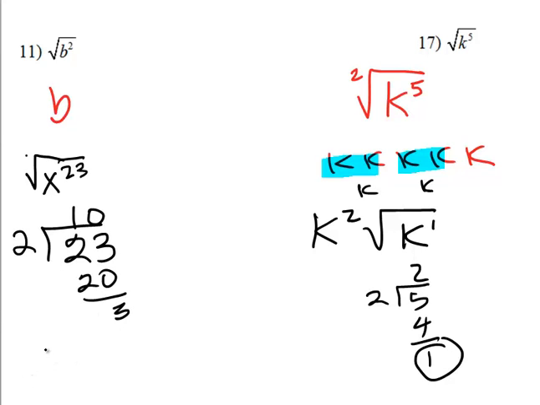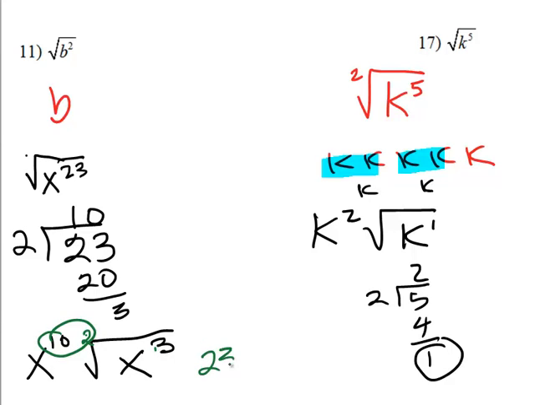So I will have on the outside x to the 10th times the square root of x to the third. And how can I test that? Just like this: 2 times 10 is 20, plus 3 is 23, and that is what I started with.